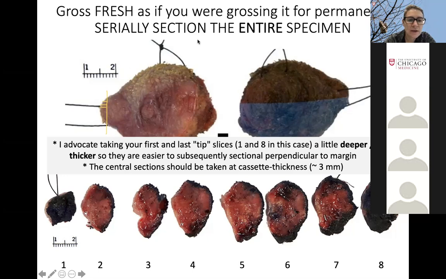If you cut that tip a little bit deeper, your slices are a little bit longer and essentially just easier for them to embed and therefore easier for us to see the approach to margin.